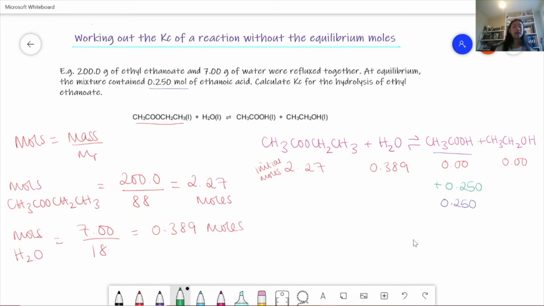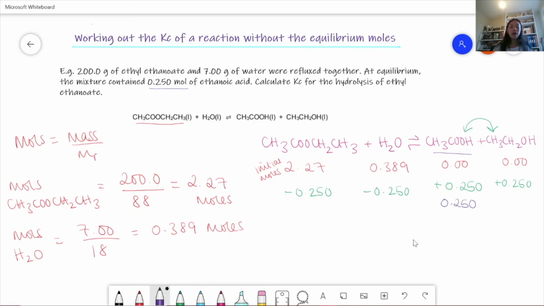Looking at the ratio between these two, it's a 1-to-1 ratio, which means that this one must have also increased by 0.250 moles. And then we see that actually the ratio between everything and this ethanoic acid is 1-to-1. So that means that the reactants have both lost 0.250 moles.